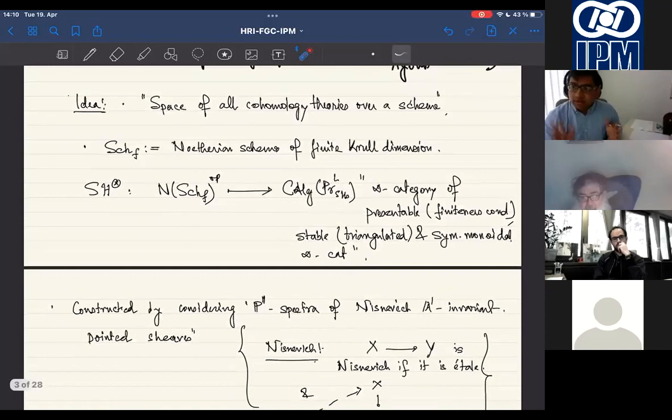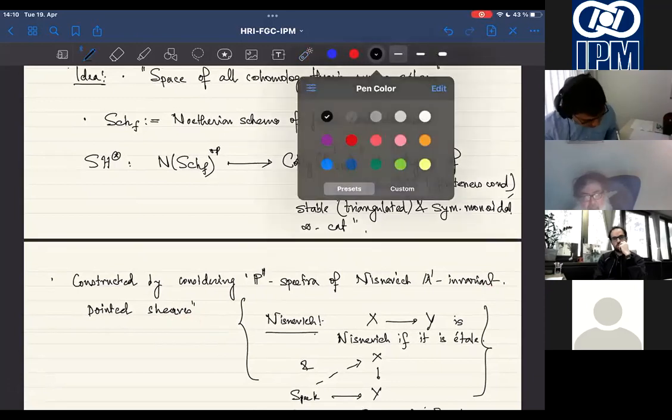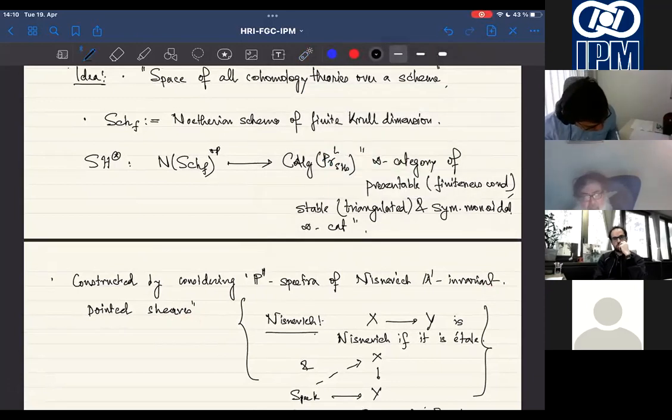And how this is constructed, just to say in a very vague way, is that you consider spectra of some special kind of sheaves. So if I have to explain for some time: at first, for any X, you consider the category of smooth schemes over X, and you consider all the presheaves on smooth schemes.